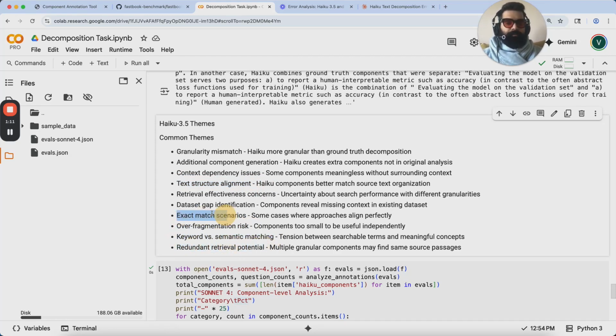Basically everything except exact match scenarios and dataset gap identification is going to be answered or addressed by the actual retrieval step. So that's going to be my next step. How do I do retrieval? TBD. I'll probably make a live think-through-this-problem video. We'll see.